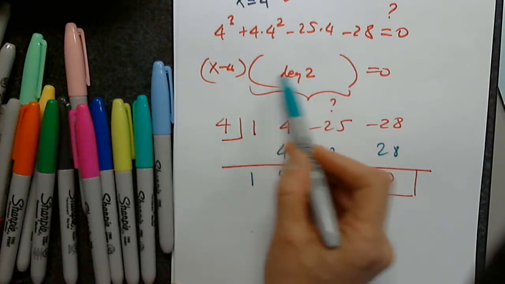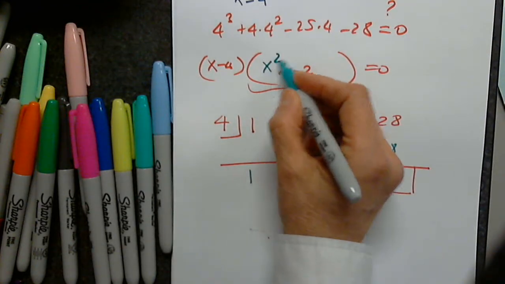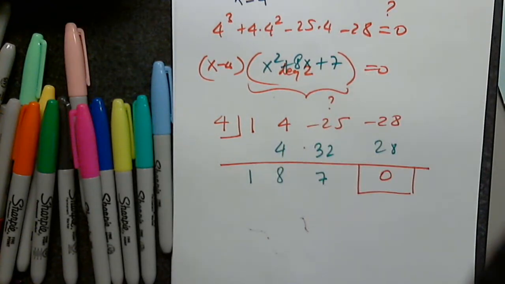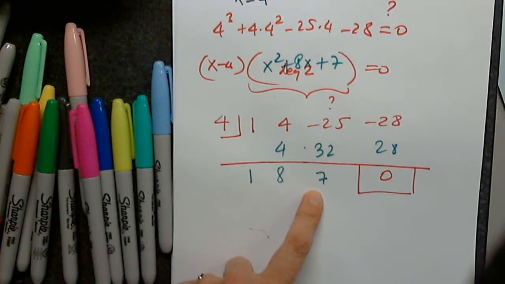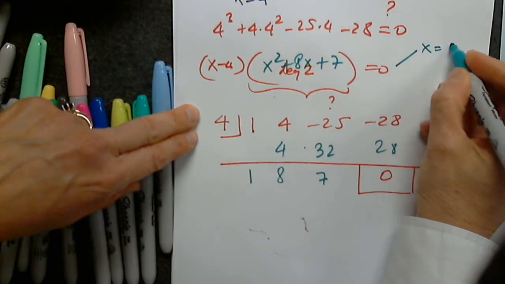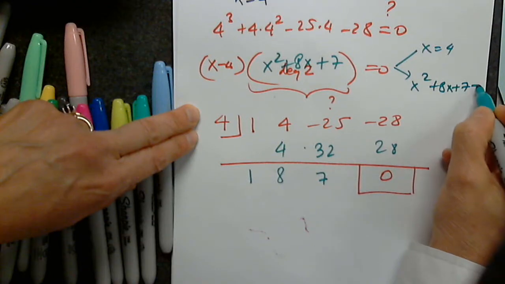So can anyone give us this polynomial? x squared plus 8x plus 7. So now I know that one solution is x equals 4, and the other solutions come from x squared plus 8x plus 7 equals 0.